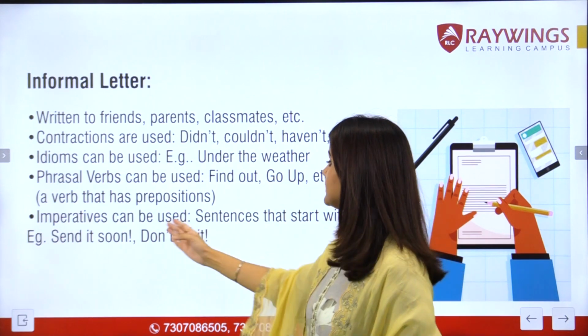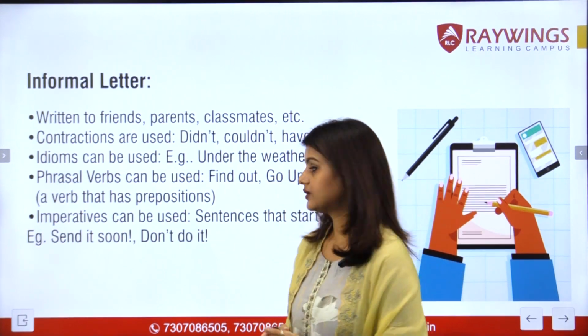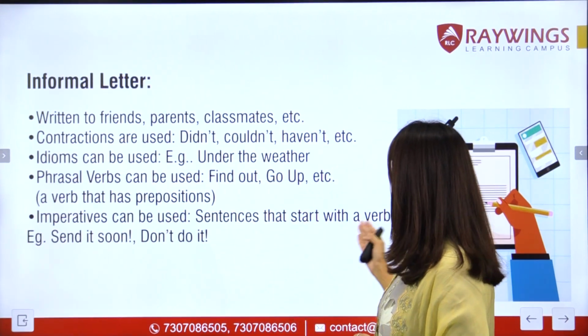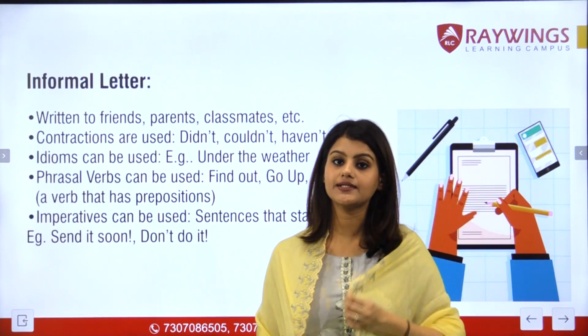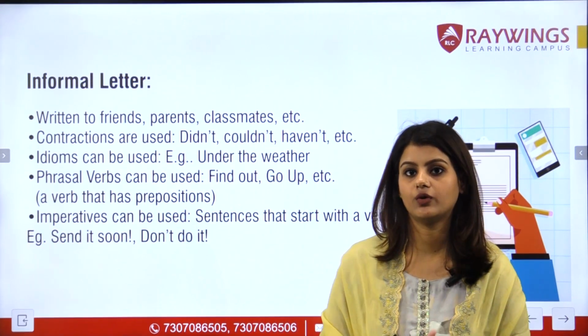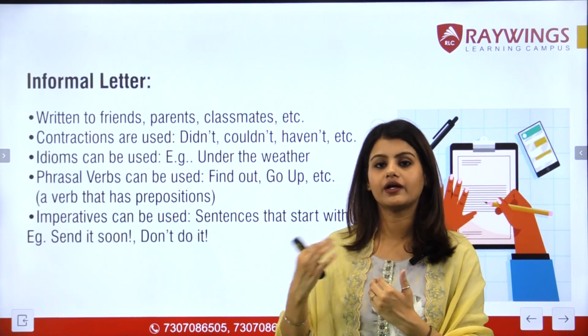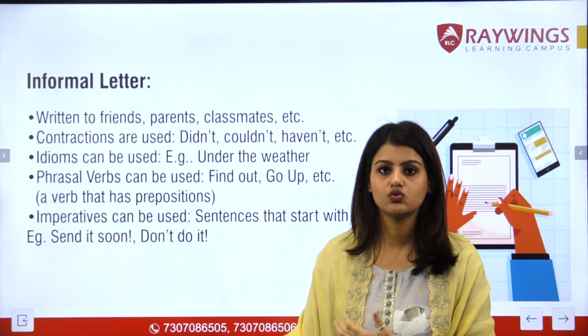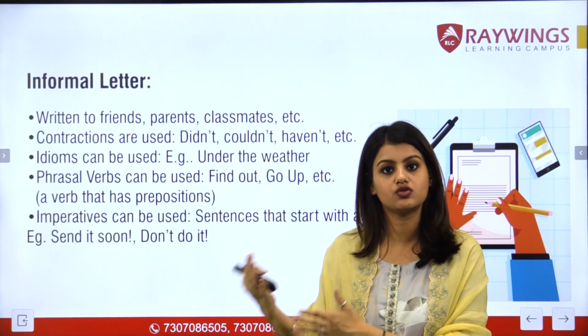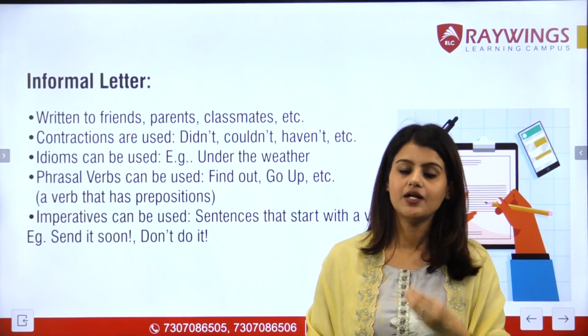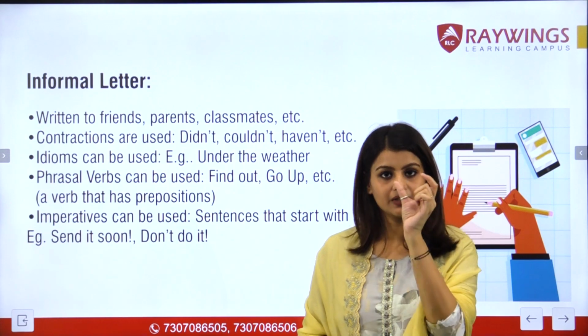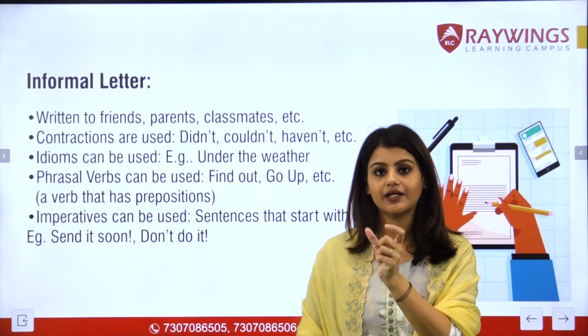Then imperatives can be used. Now what are imperatives? Sentences that start with a verb. For example, if I say "send it soon." Instead of writing "I request you to provide it to me soon" or "I request you to send it soon," I directly wrote "send it soon." So here the sentence is starting with send.